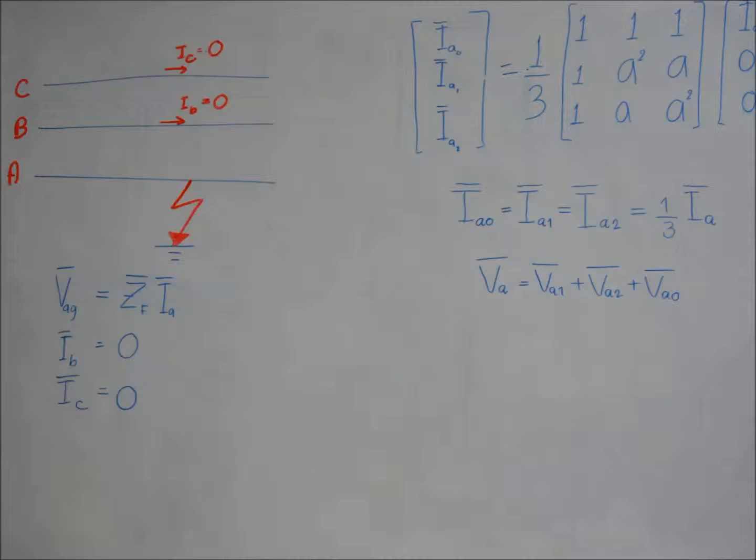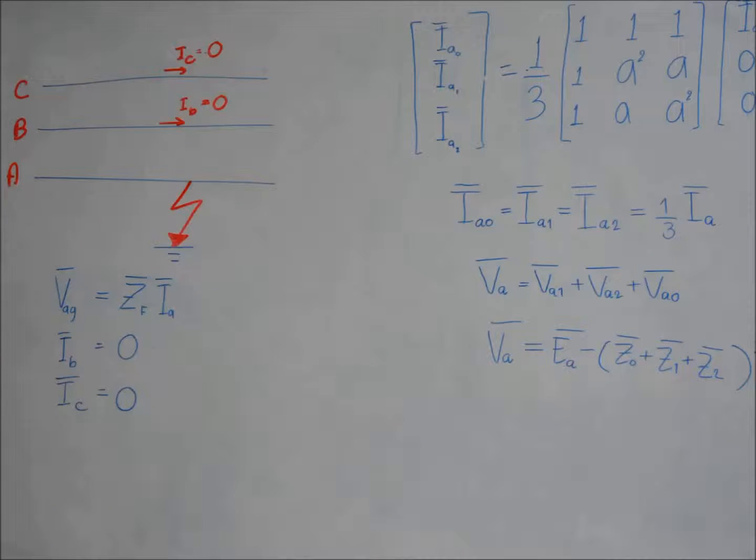The voltage of phase A can be expressed in terms of symmetrical components as Va equals Va0 plus Va1 plus Va2.